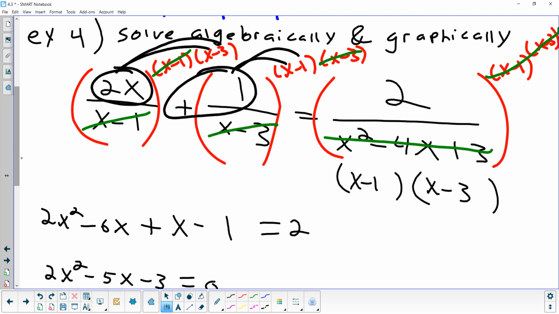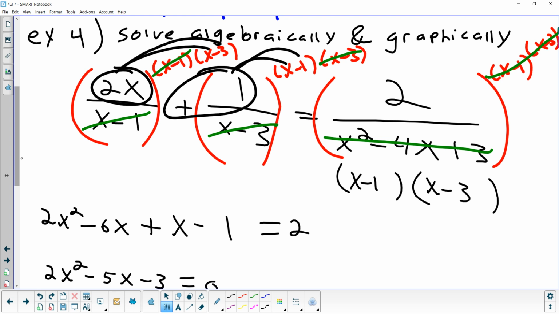Any thoughts about trying to plug in negative 1/2 or 3 for x? Wouldn't 3 not work? Because it would make you divide by 0.